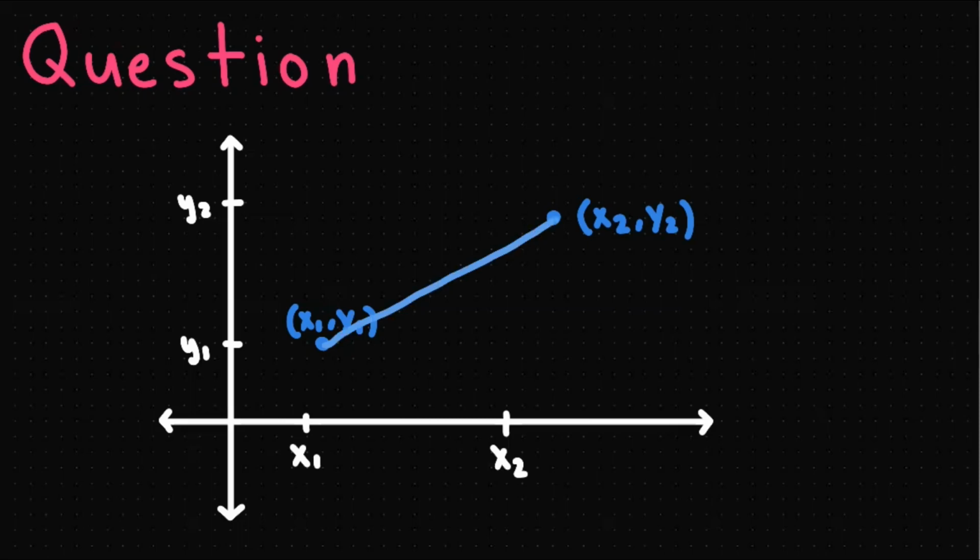This is a line connecting the 2 points, or essentially, this is their distance. So how do we get this? This is the problem that we will be trying to solve and discover in this video.